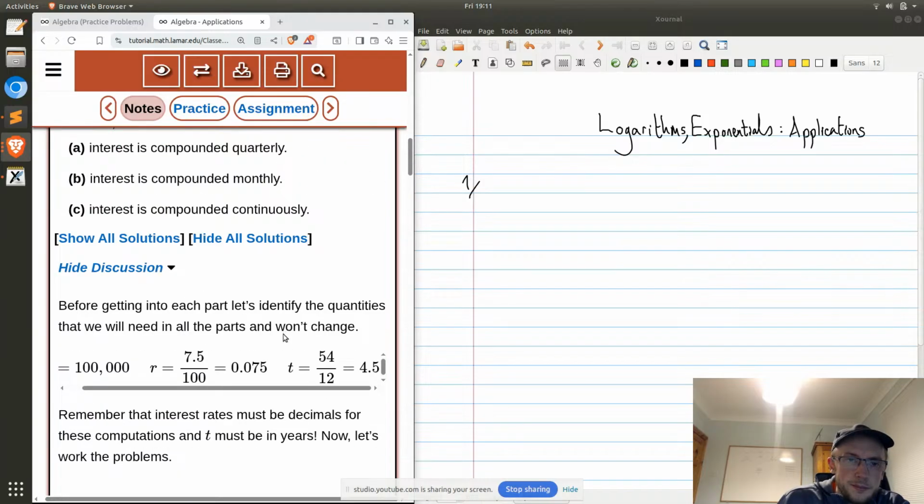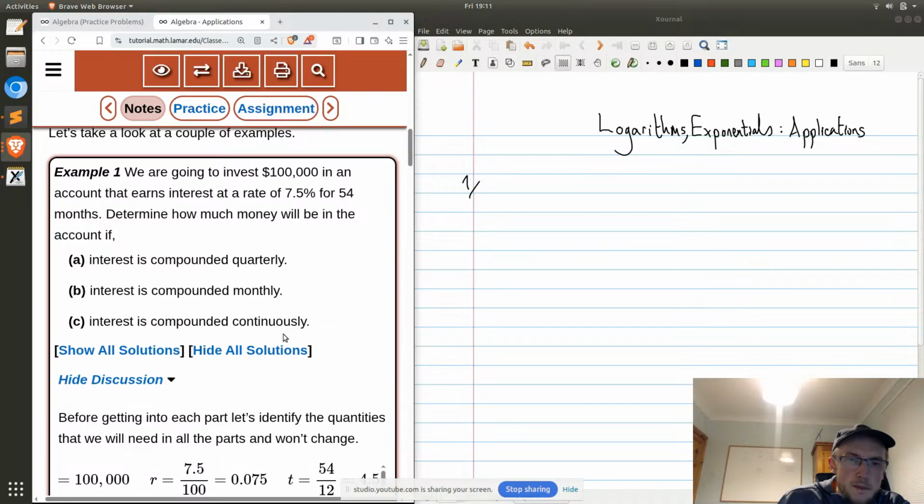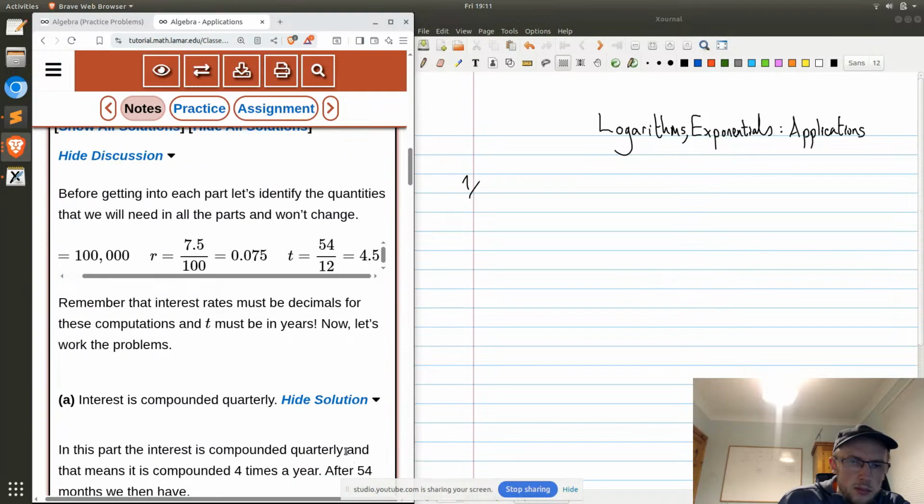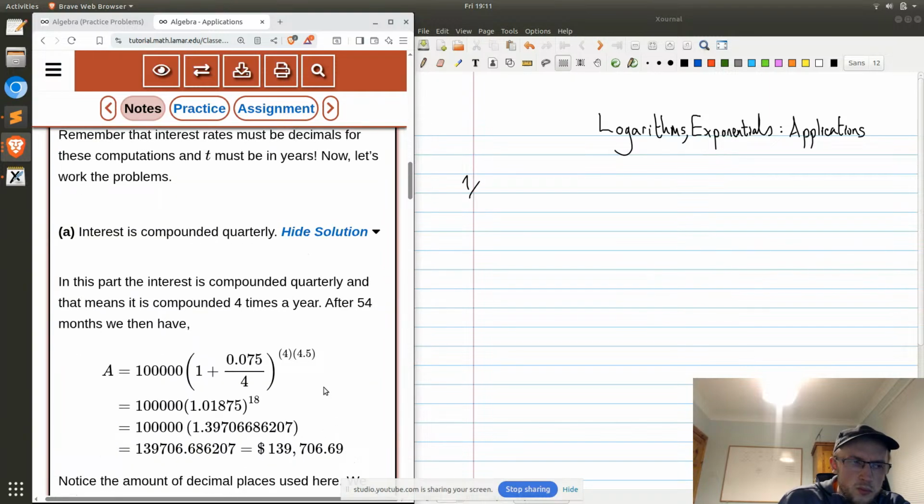And wait, 54 months, which is 4.5 years. Okay. But then you have to figure out how many quarters are in 4.5 years. So they just multiply by 4 to get 18. And 54 divided by 3 is 18.